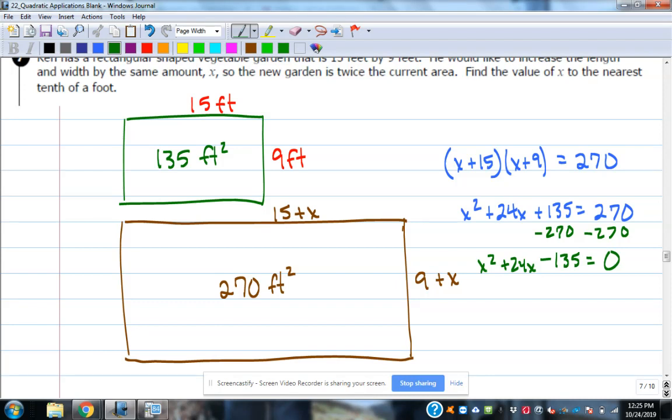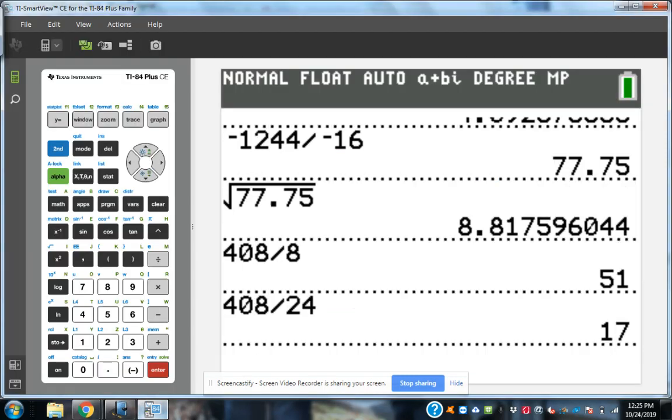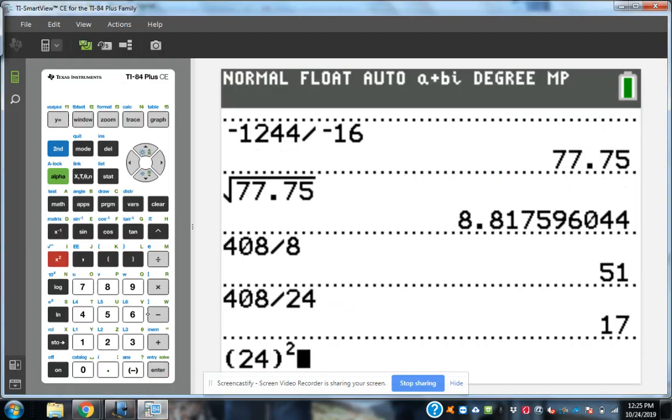Okay, so what's my other option for solving? Quadratic formula. So I need to find the discriminant. 24 squared minus 4 times a times c, which was negative 135. That's going to help me do the quadratic formula.